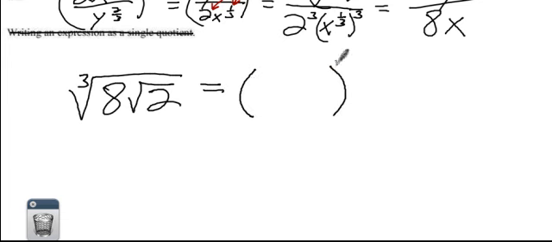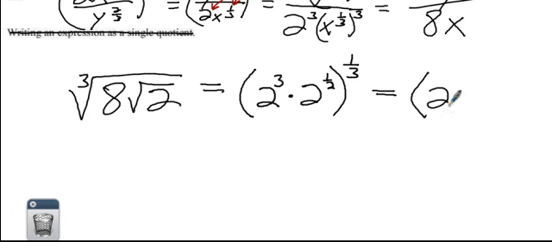So instead of cube root, I'll write it as 1/3 power. Instead of square root of 2, I'll write that as 2 to the 1/2. Now, 8 is a little bit tricky. I really wish these two numbers were the same, because if I had the same base, I could combine things. But if you think about it, can't 8 be written as 2 to the 3rd? I think it can. And now we use rules for exponents.